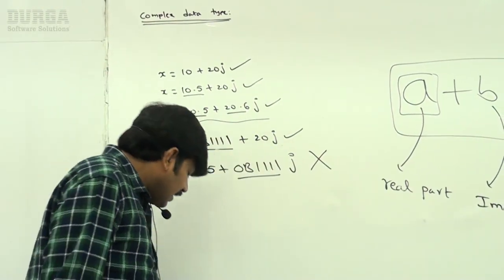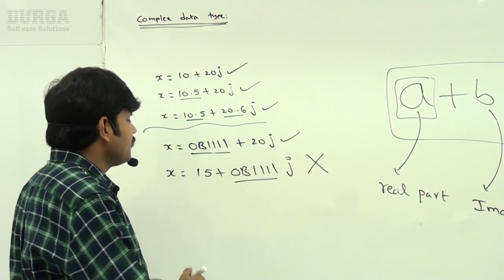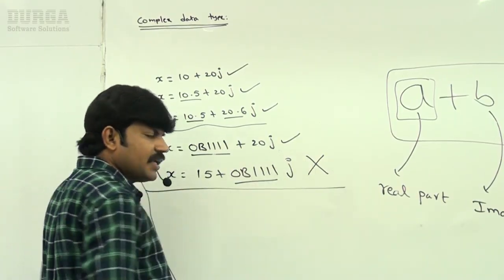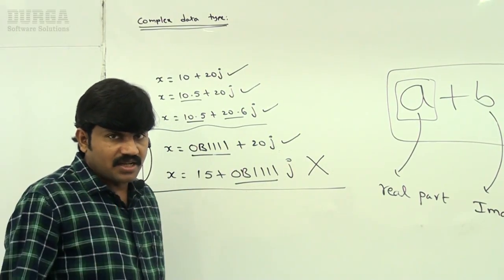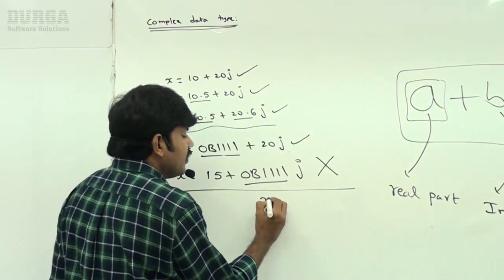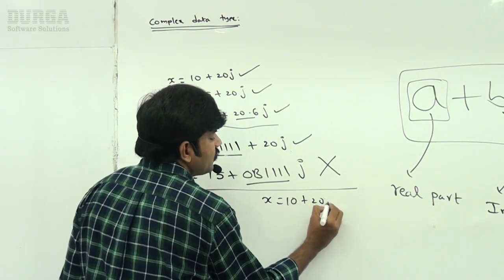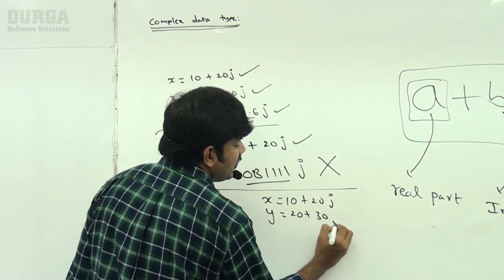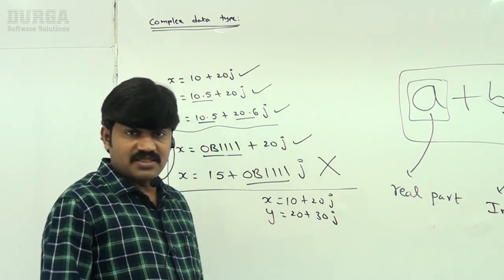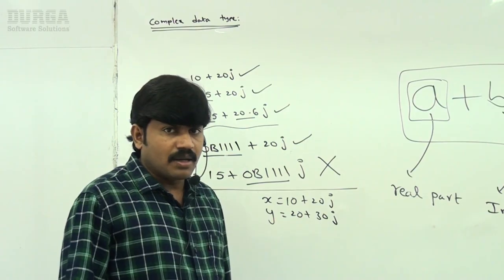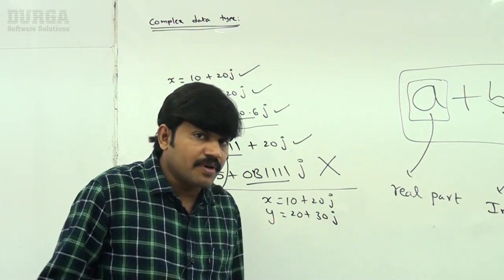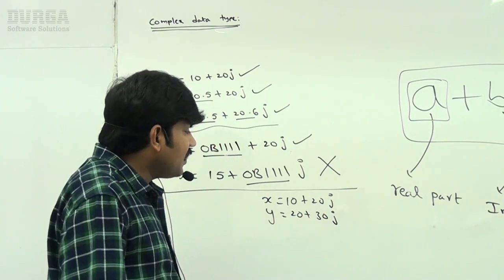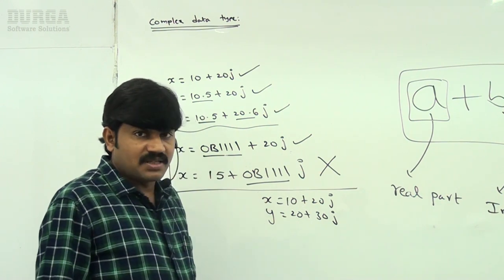Okay, sir, next one more point. Assume that I have two complex numbers, something like x is equal to 10 plus 20j, y is equal to 20 plus 30j. Now my requirement is, can I perform arithmetic operations between these complex numbers or not?